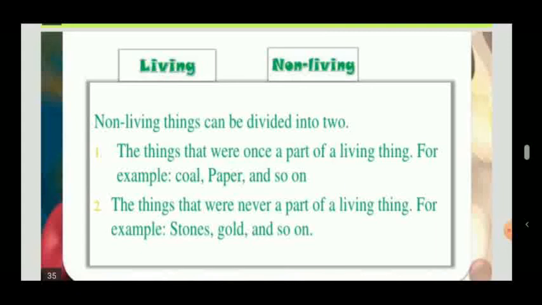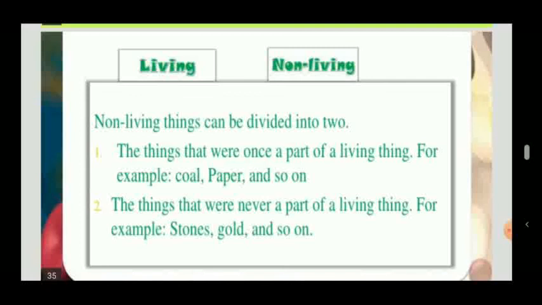For example, wood comes from a tree. A tree is a living thing. Wood, from which we can make tables and chairs, is a non-living thing. Paper on which we write is a non-living thing, but paper also comes from trees.